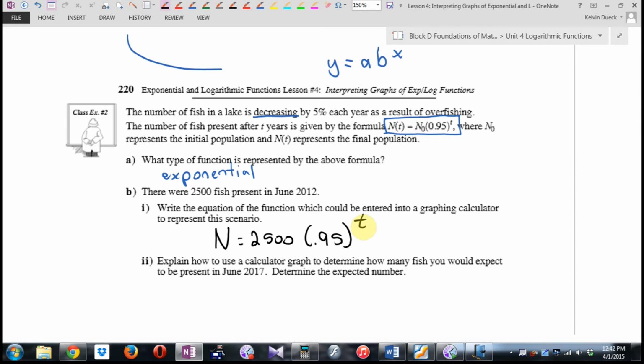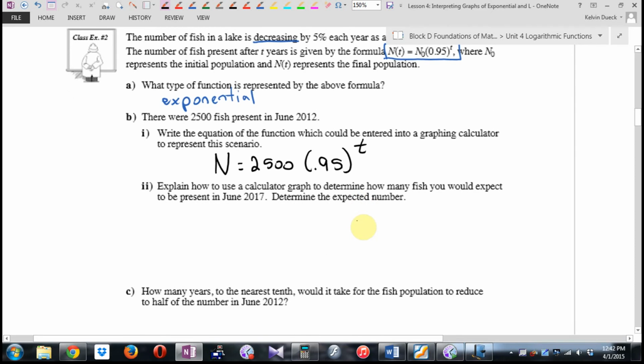That's a decrease of 5% from the original 100%. So you always start out with your original population, which as a number is 100%, which as a decimal is 1. All right. It says, use a graphing calculator to determine how many fish will be present in June 2017.